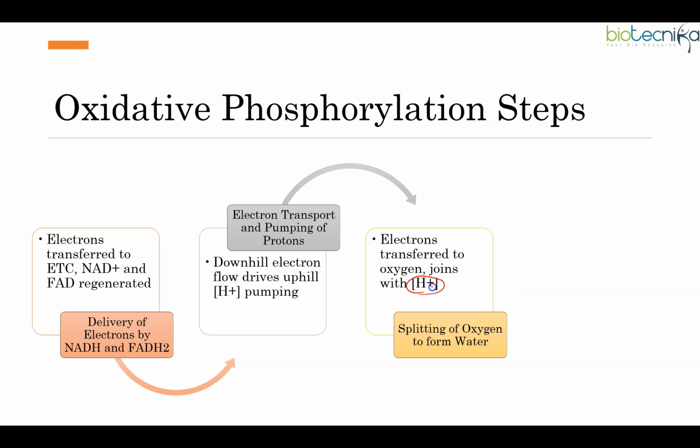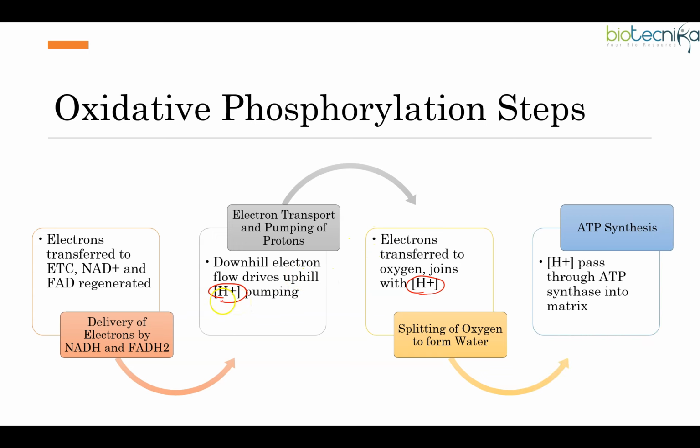Now these H plus ions are a different set, which are in the matrix, to form water. But right now the next step which I am talking about is the ATP synthesis, where I am talking about the H plus gradient which was created in the intermembrane space.